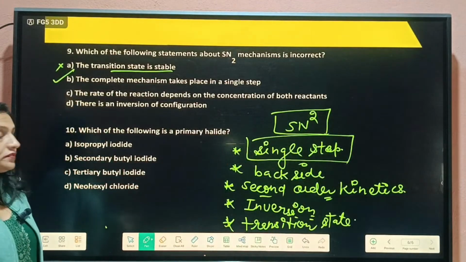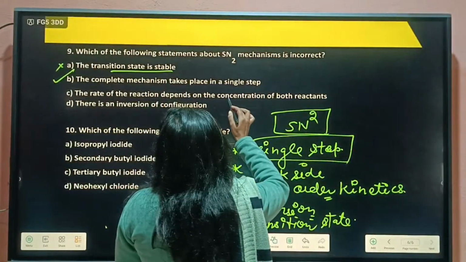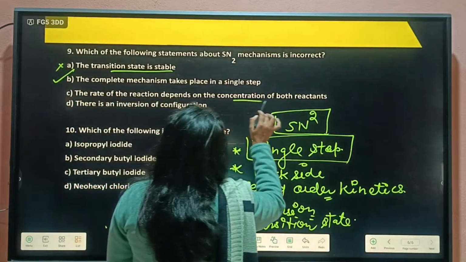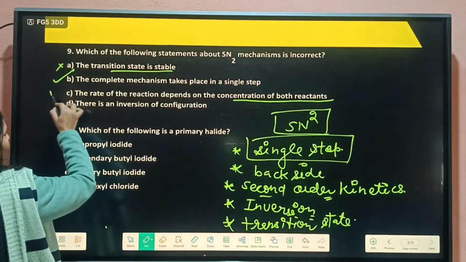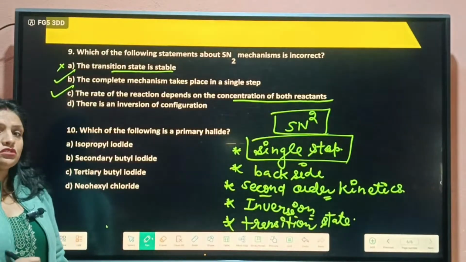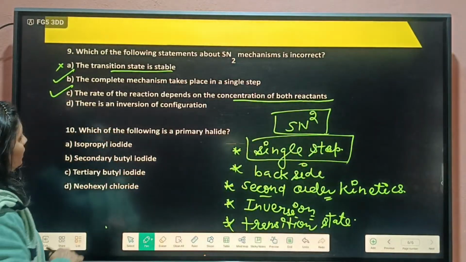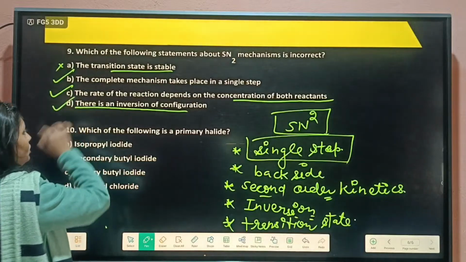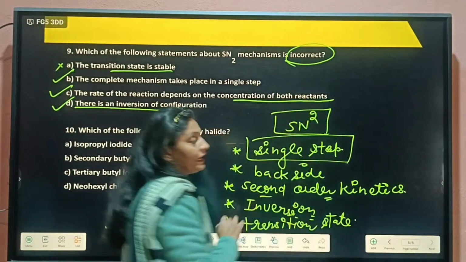Let's see the next option. The rate of reaction depends on the concentration of both reactants. Yes, that is also correct. There is an inversion of configuration. This one is also right. But the question is asking about the incorrect statement.